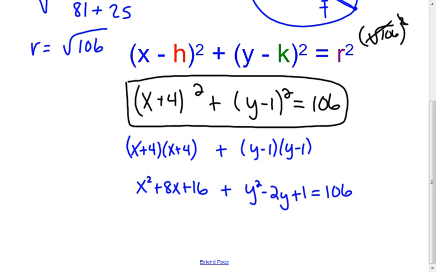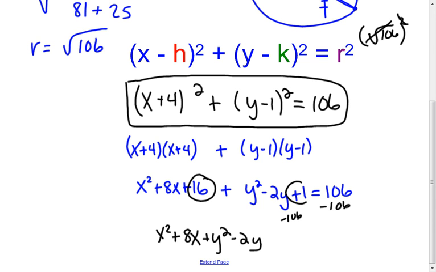And then of course, if you want to get this in the other form, you would want to combine your like terms. So I will subtract 106 over. Then I will have x squared plus 8x plus y squared minus 2y, and then I'm going to combine this 16 and this 1 and this -106.